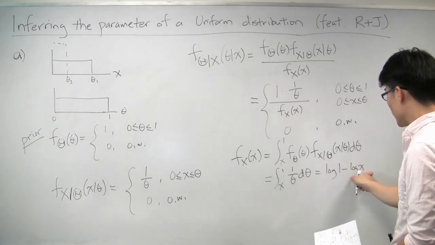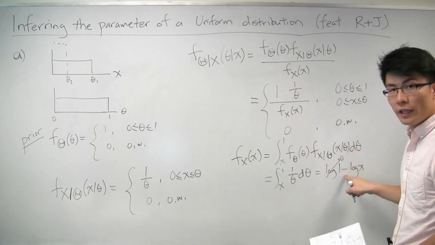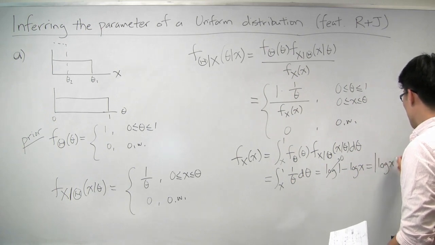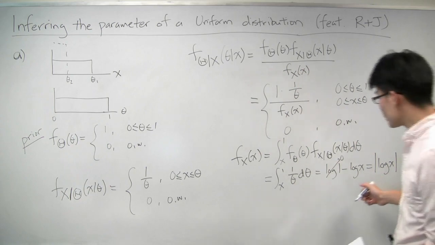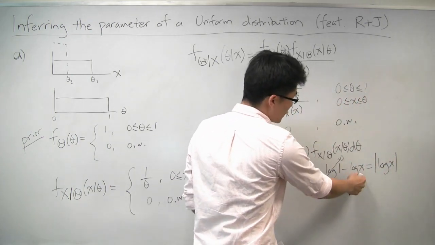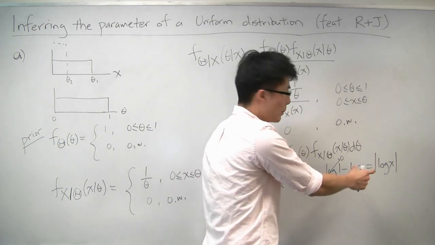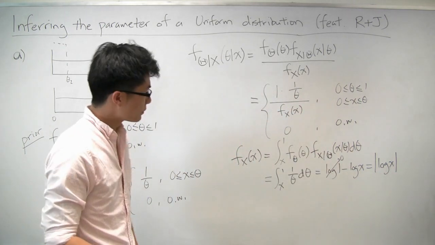So this is a negative number. This is 0, and then we have a negative sign. So really what we can write this as is the absolute value of log of x. This is just so that it would actually be negative log of x, but because log of x is negative, we know that this is actually going to be a positive number. So this is just to make it look more intuitive.